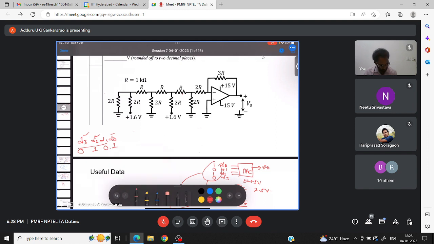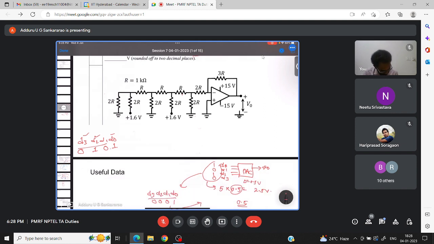So this is my LSB, D3, D2, D1, D0. First, I'll only consider D0 connected to the reference voltage VR and all others connected to ground.